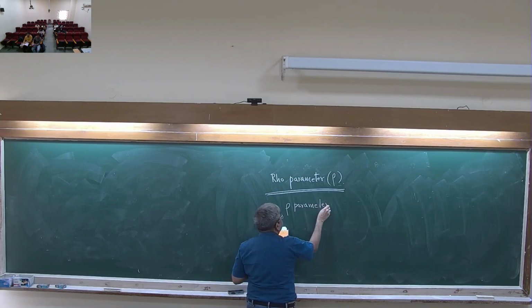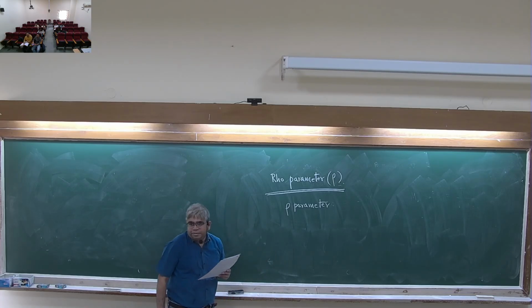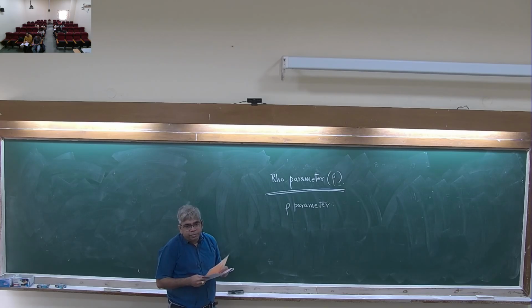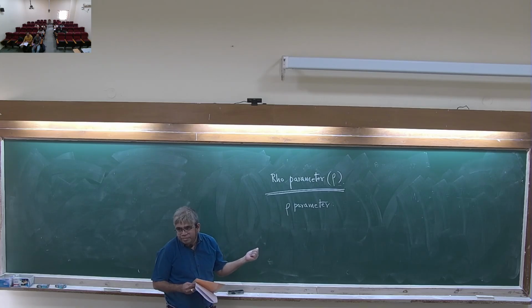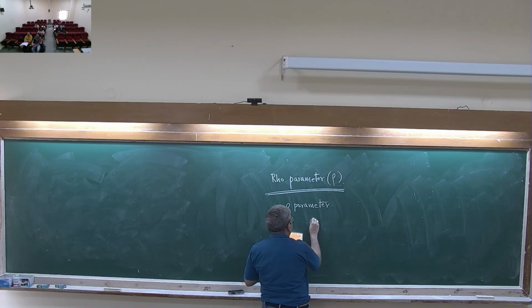How many of you have heard about the rho parameter? You should know this is a very crucial, important parameter which is measured very precisely. If you want to extend the standard model even with a single other Higgs, it will create problems for this parameter. At the tree level, this parameter should be 1.